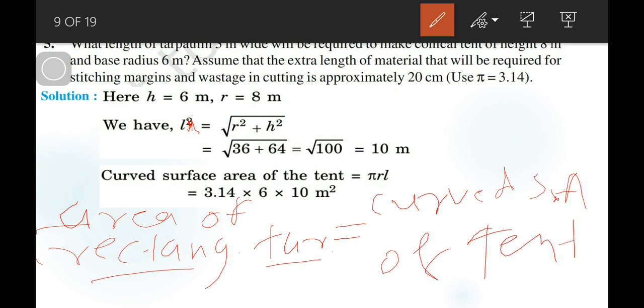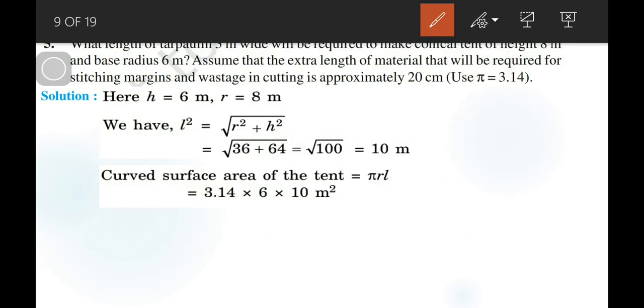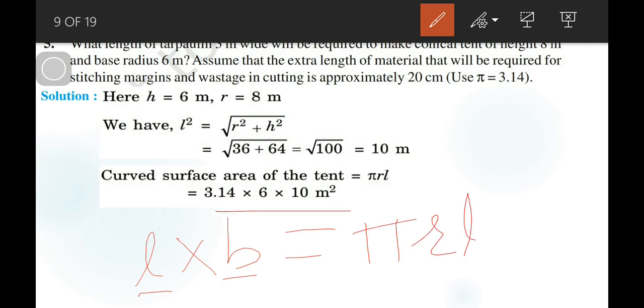So we can find the length. As we know, the area of the tarpaulin is equal to L into B, length into breadth, and the curved surface area of this tent is equal to pi r L, and its value is given here. So we want to find the length of the tarpaulin.